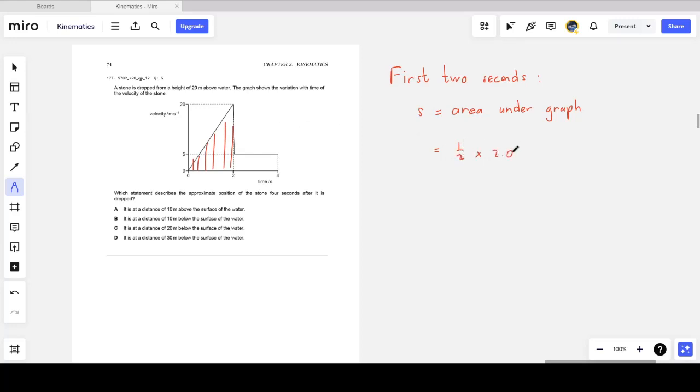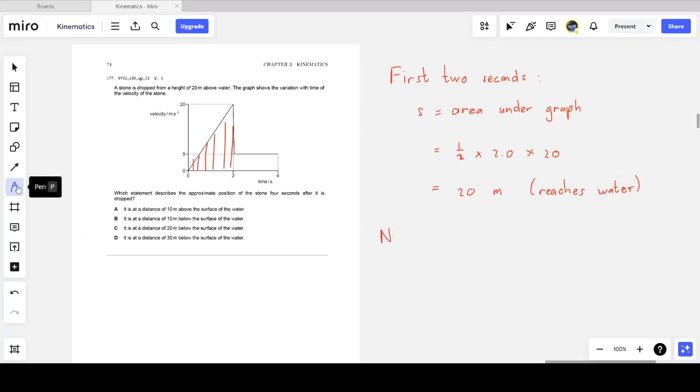That's a half times 2 seconds times, oops, sorry, 20 meters per second. And this is going to give me 20 meters. So in the first 2 seconds, if it's 20 meters above the water surface and it falls 20 meters, it reaches the surface of the water. So our actual initial thought process was correct.